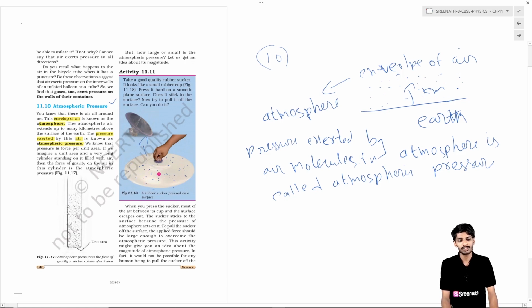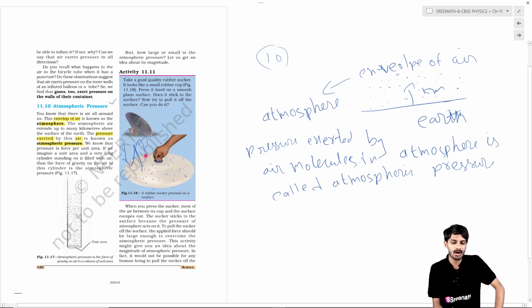So this force per unit area is nothing but atmospheric pressure. If you try to pull it in this direction, then you will know how much the atmospheric pressure is, but you can't move it, which means it is very, very heavy.